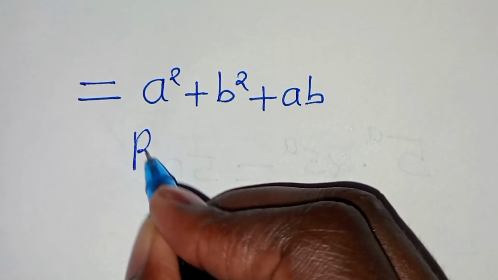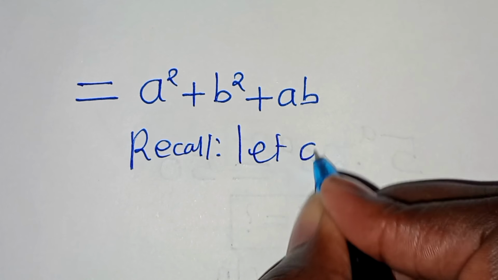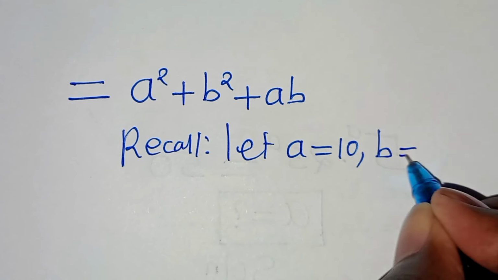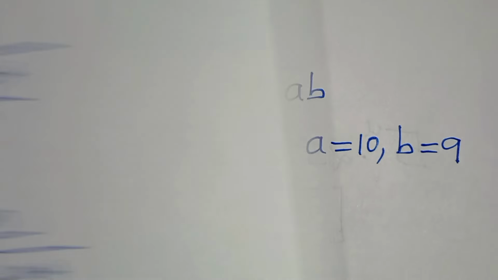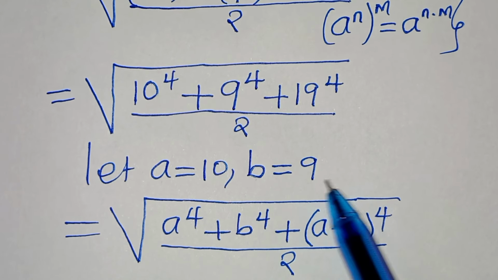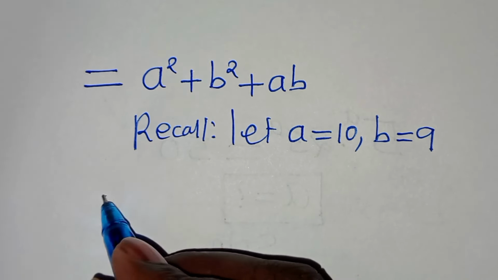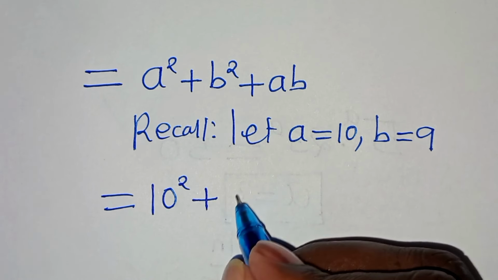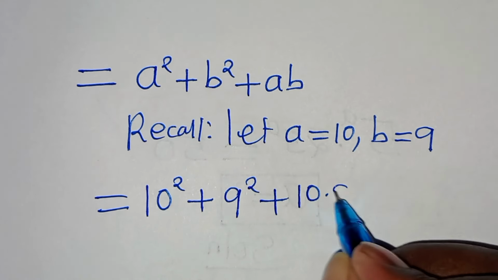If you recall, we have seen that let a be equal to 10 and let b be equal to 9. This is a equal to 10 and b equal to 9. So substituting 10 and 9 here, this means we have 10 to the power of 2 plus 9 to the power of 2, then plus 10 times 9.